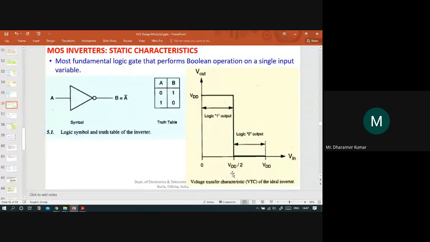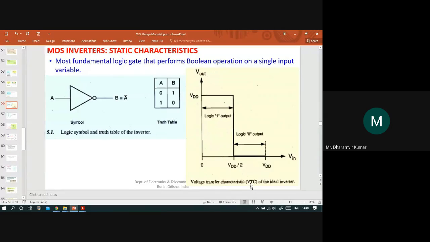For example, this is one of the input parameters, input voltage, and this is one of the output parameters, output voltage. So this is an input parameter, and this one is an output parameter. And that is why this is called a transfer characteristic, and this is plotted between voltage values. So this is known as voltage transfer characteristic, or in short form, it is known as VTC.